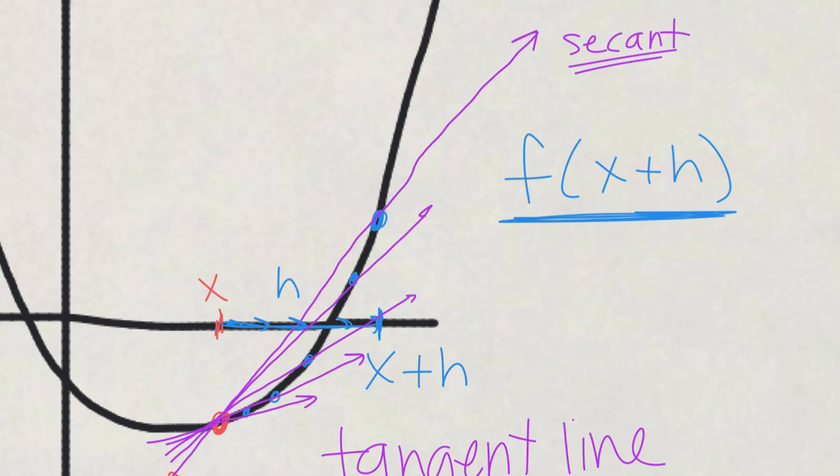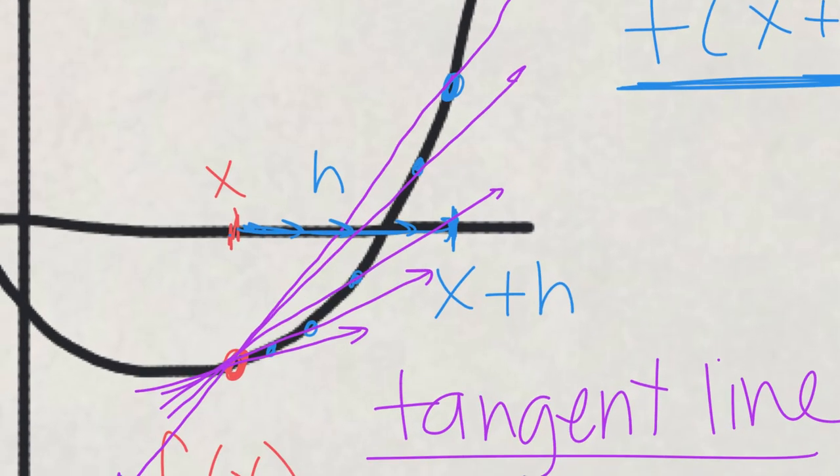A tangent line is one that has only one point of contact on your graph, and that's going to be exactly there at your x value.